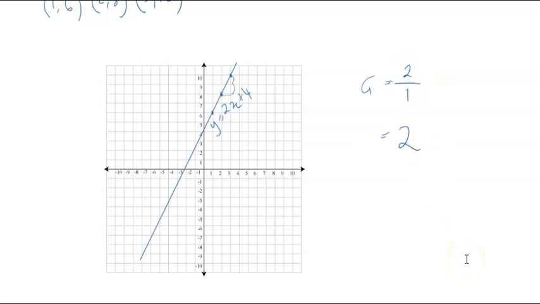Now when I look at this equation, y equals 2x plus 4, there's a couple of things that I want you to notice. This number here before the x matches the gradient. Can you see anywhere anything to do with a positive 4 in this line? I hope that perhaps you have noticed something.